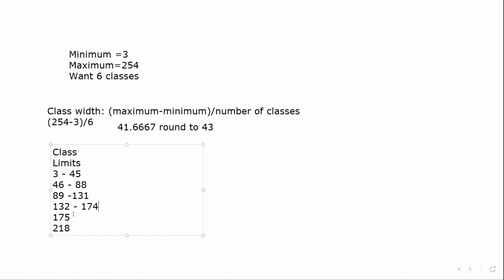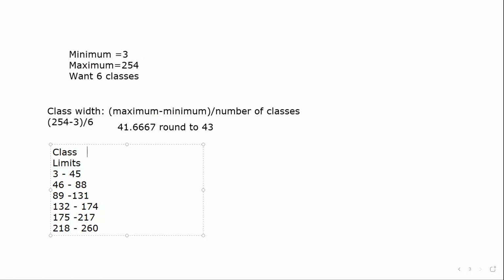And then I have 217. And then I'm going to add 43 to that. If I add 43 to 217, I get 260. Is that correct? All right. So these are my class limits.